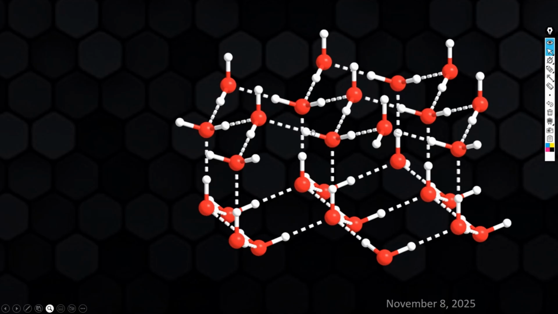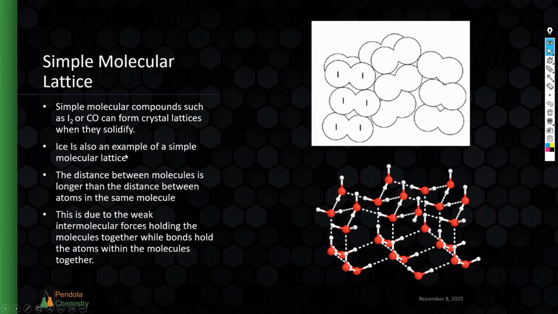The oxygen and the hydrogen are still bonded to each other with covalent bonds, but the molecules are attracted to each other through intermolecular forces.